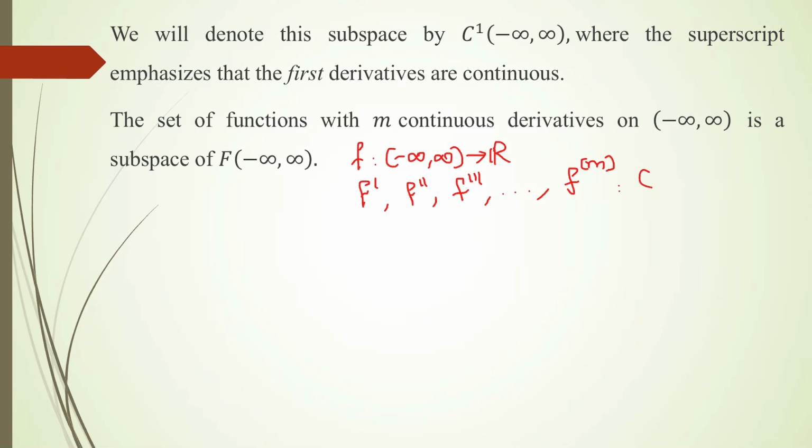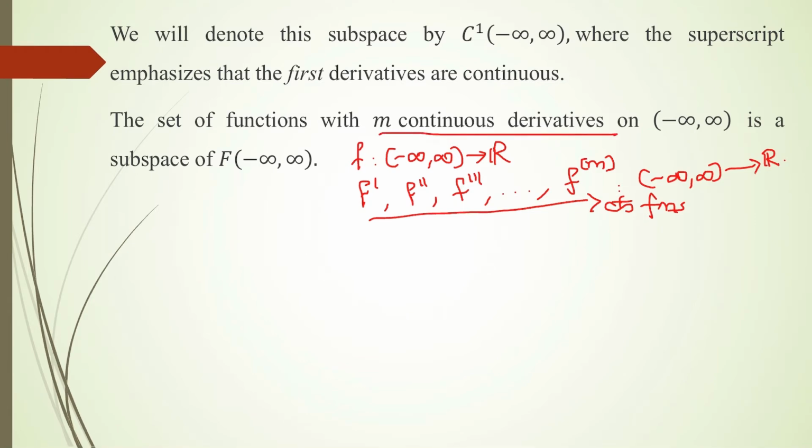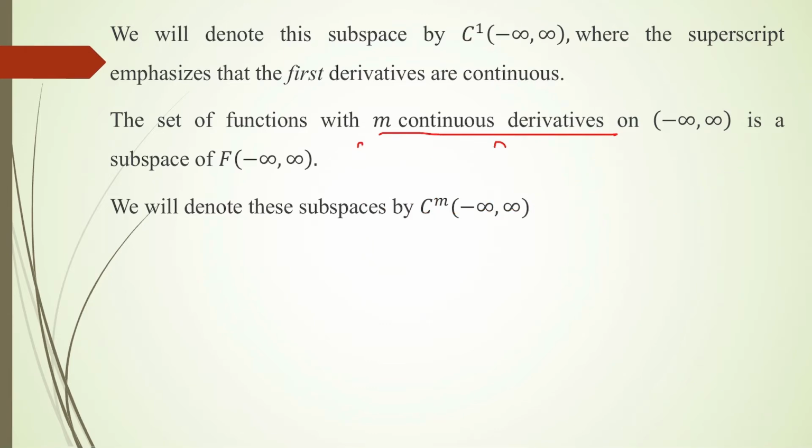These are all functions from (-∞, ∞) to R, and these are all continuous functions. The first m derivatives are continuous. So the set of all functions with m continuous derivatives on the open interval (-∞, ∞) is a subspace of F(-∞, ∞), and we will denote this space by C^m(-∞, ∞).